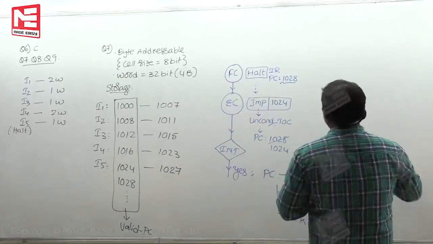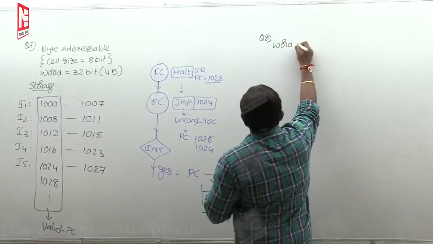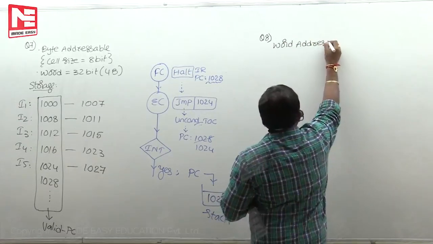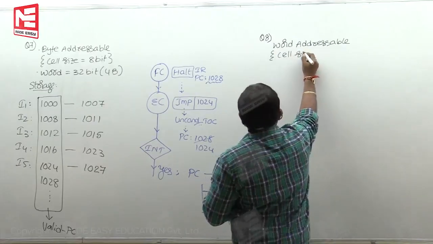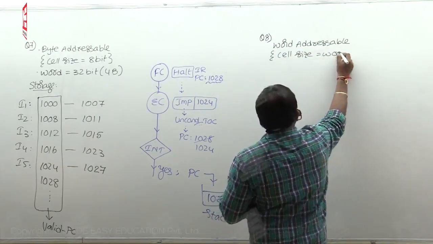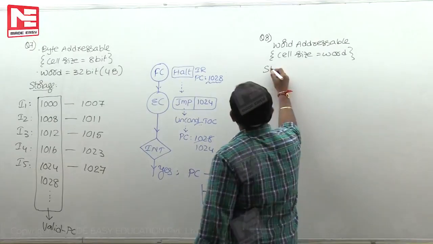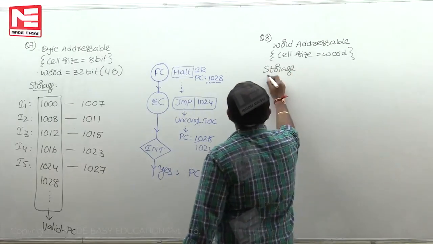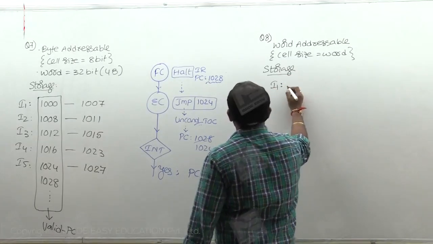Next, question number 8. Consider word addressable memory. Word addressable means cell size equal to word size. So a 1 word instruction requires 1 cell of space, and a 2 word instruction requires 2 cells. The starting address is 1000.